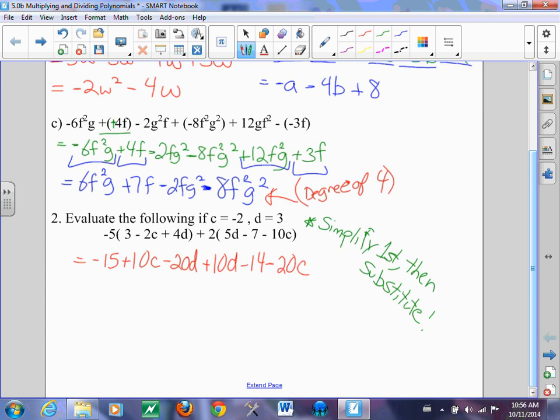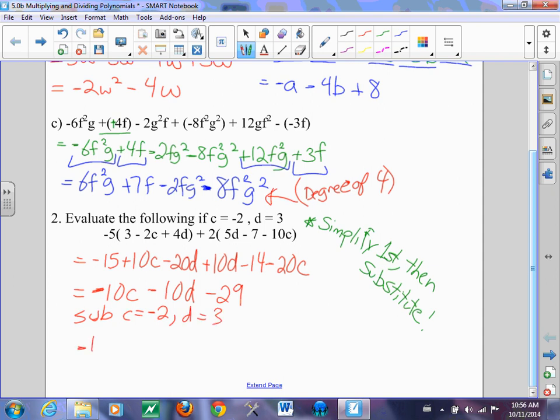Collect like terms. So collect your C's, so it's going to be -10C. Collect your D's, minus 10D, and minus your constants, which is -29. Now you're going to sub in C equals -2 and D equals 3.